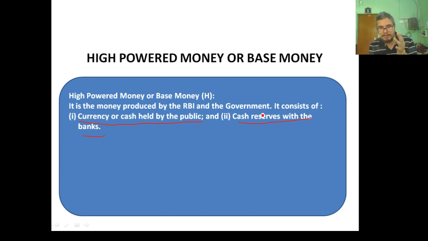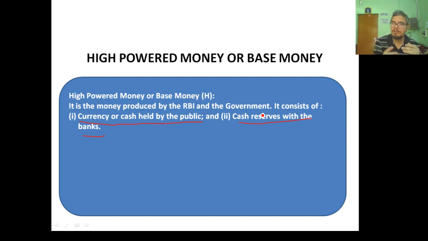All the commercial banks like State Bank of India, Punjab National Bank, ICICI, Axis, etc., have to keep a certain amount of cash from their deposits with the RBI. It is known as CRR, cash reserve ratio.